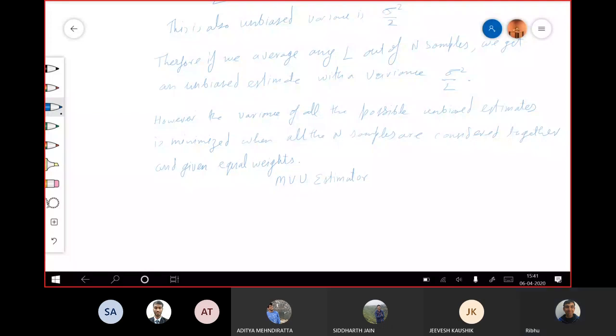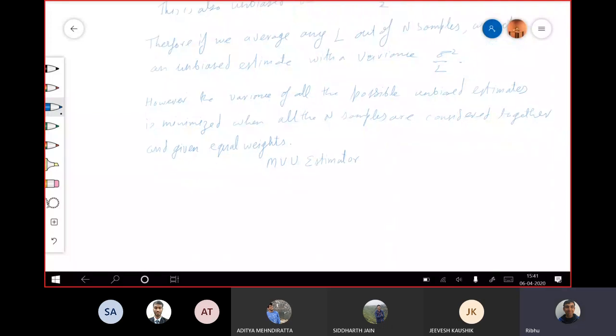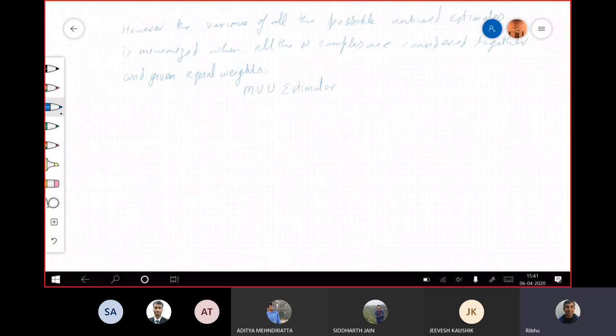However, for the average, you know how to find the minimum variance unbiased estimate. Even for the variance of a Gaussian random variable, you can try to find the minimum variance unbiased estimate.